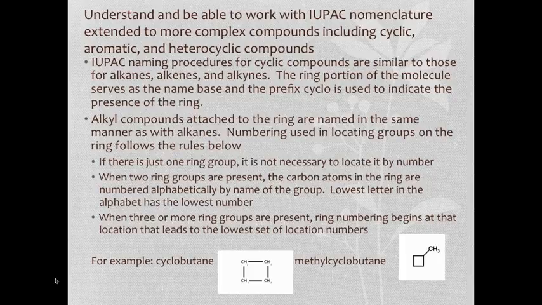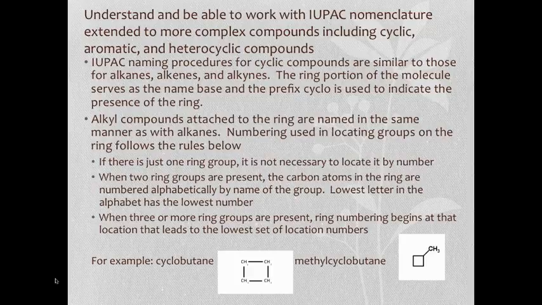When two ring groups are present, the carbon atoms in the ring are numbered alphabetically by the name of the functional group. So if there's a methyl and an ethyl group, the ethyl group would be labeled first. The lowest letter in the alphabet has the lowest number.